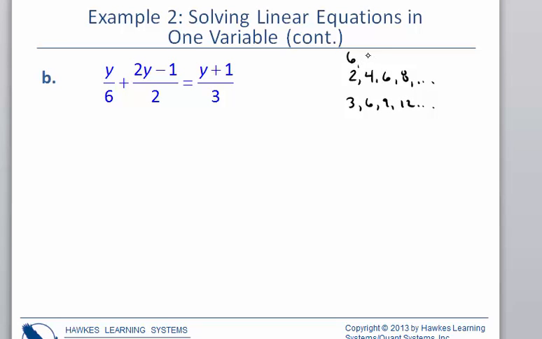And on the 6s, 6, 12, 18, 24. So just looking at some multiples, I want to find the smallest thing that they have in common. And I notice that they all have a 6 in common, which tells me that if I multiply my 3 fractions by 6, that my fractions will disappear. And so that's what I'm going to do. I'm going to multiply each of these fractions by 6.